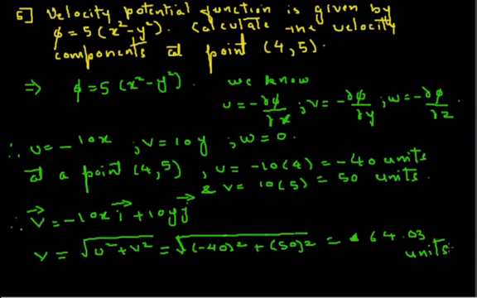So in this way we can find the velocity components at a point using the phi function, that is the velocity potential.